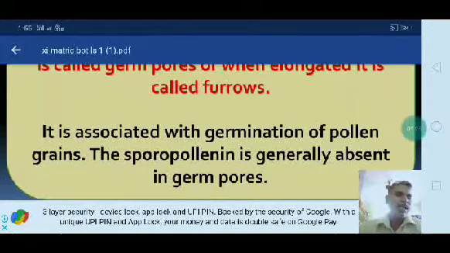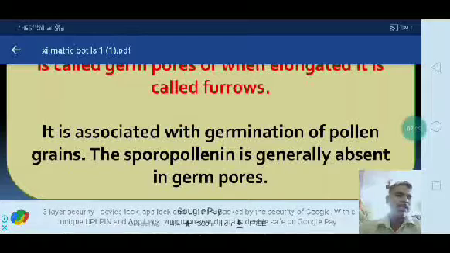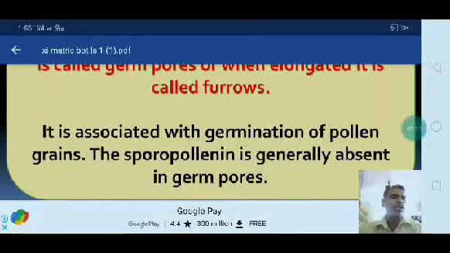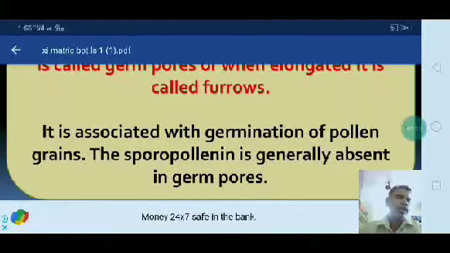Sporopollenin is generally absent in germ pores.